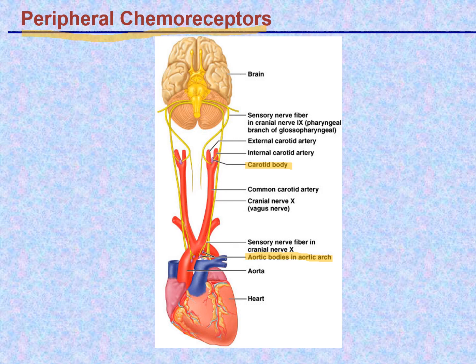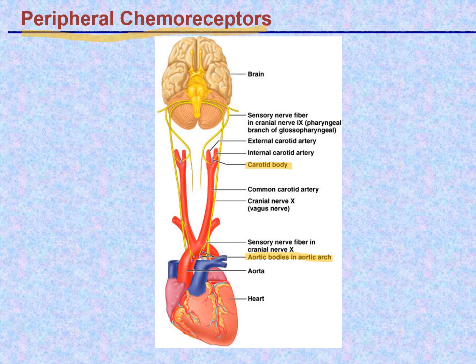It's such a fundamental, basic requirement for life to be able to respond to changes in PCO2, PO2, and pH in order to stay alive, that the information goes into essentially one of the most primitive parts of the brain, which is the brain stem.